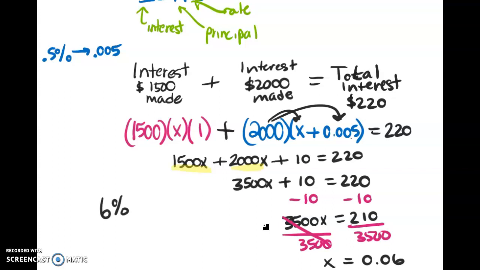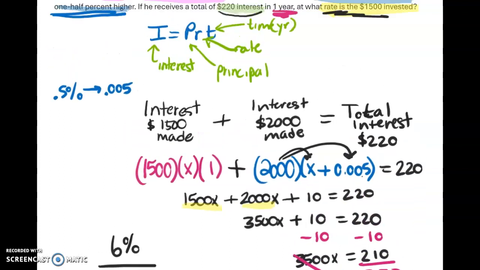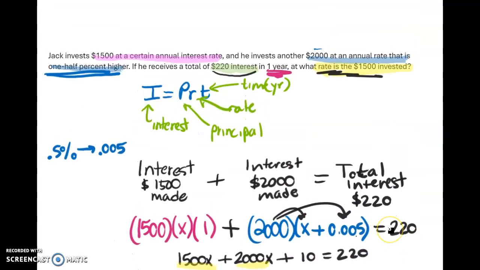It wants it in percentage form. Plus I have to remember, what did I call x? And what is the question asking? So I called x the interest on the 1500, which is what it's asking for. If it had said, what is the rate on the 2000, then I would have to say x plus 0.005.